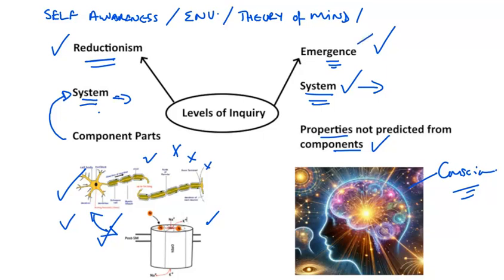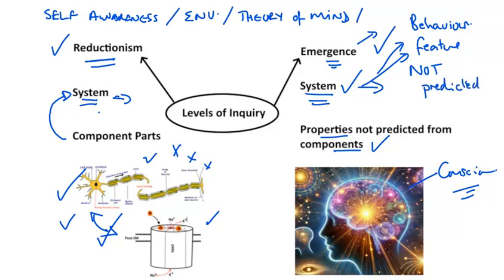So emergence is about where there are, let's say we use behaviors or features of a system that could not be predicted from the components. And this is what we call emergence.